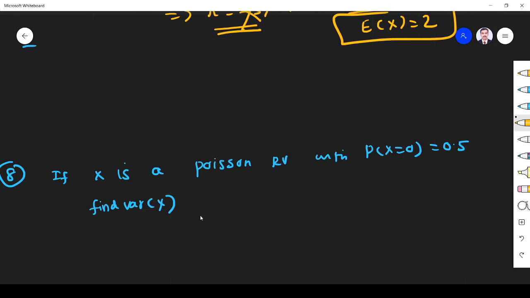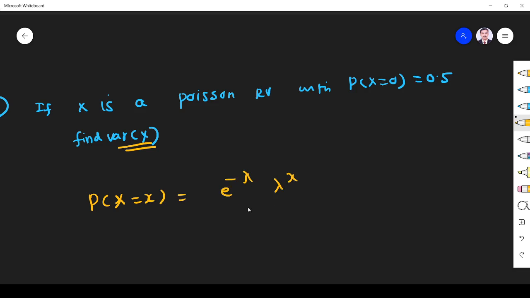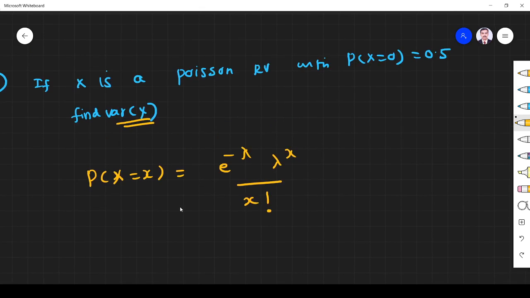Next, if x is a Poisson random variable with p of x equal to 0 being 0.5, find the variance of x. They have given p of x is equal to 0. In the Poisson distribution, p of x is given by e power minus lambda, lambda power x divided by x factorial, and x is equal to 0.